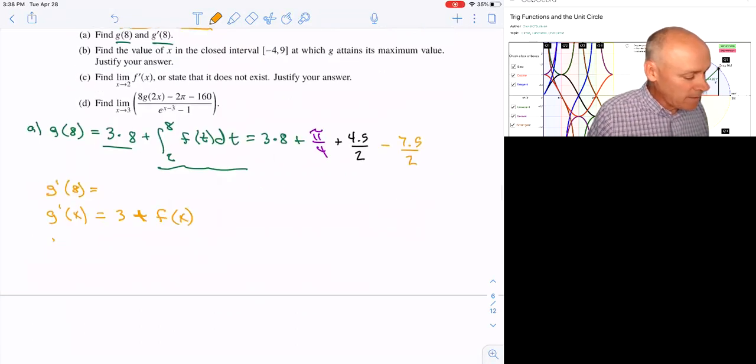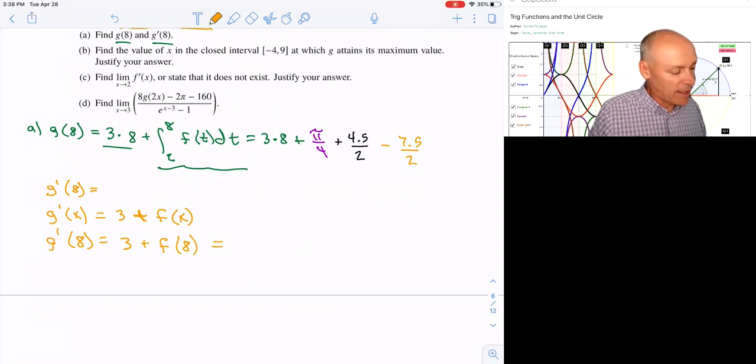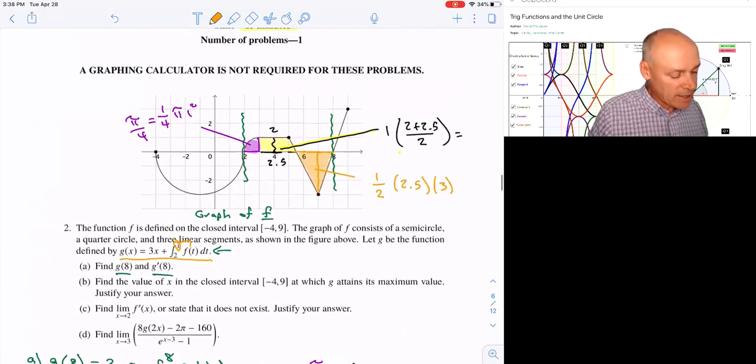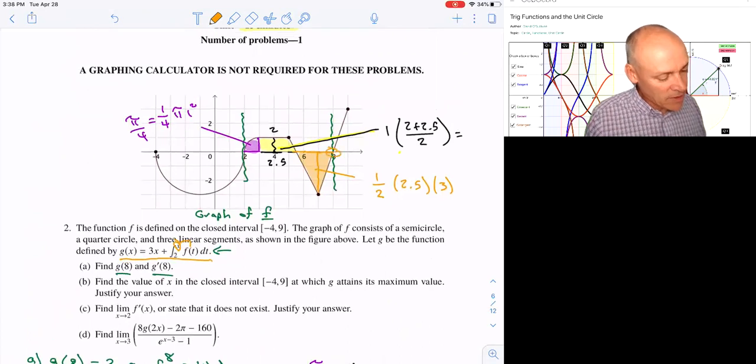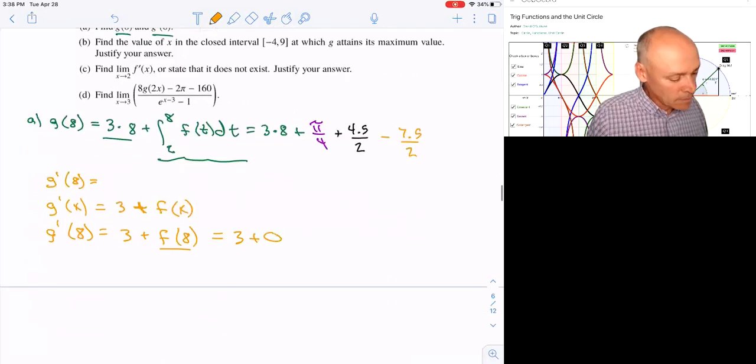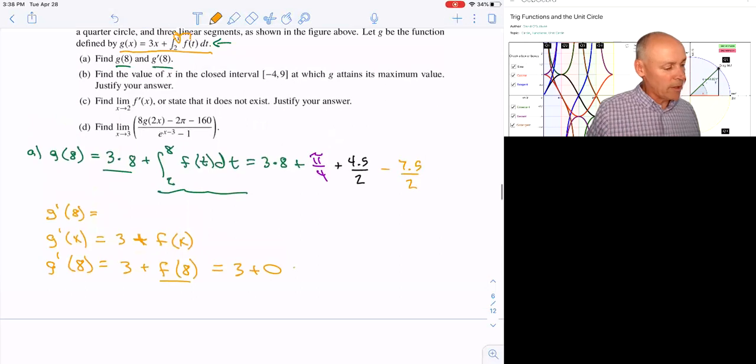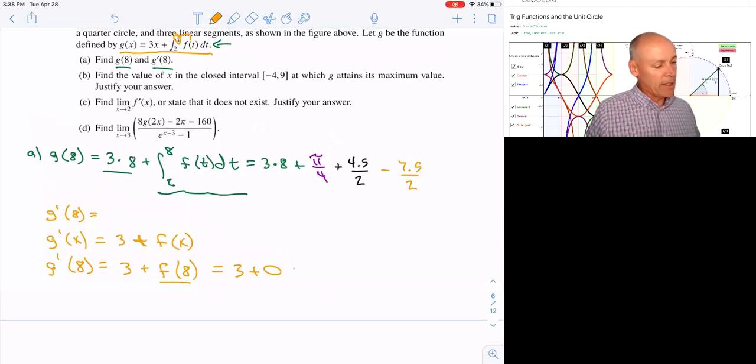So G prime at 8 is equal to 3 plus f at 8. Got to go one more step. Can't leave that because the function notation is going to be 3 plus f of 8. F of 8 looks like it's 0. So I'm good. So there's G prime at 8.